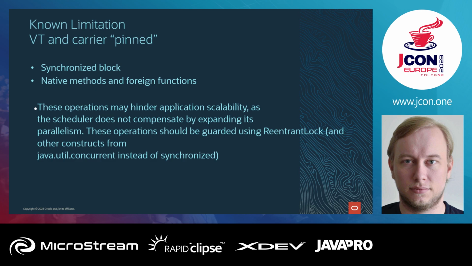And locks can offer basically the same functionality you would like to have with the synchronized blocks itself. So if you would like to use virtual threads and you have synchronized blocks with a blocking operation inside of it, just rewrite it using locks and you will be all right.